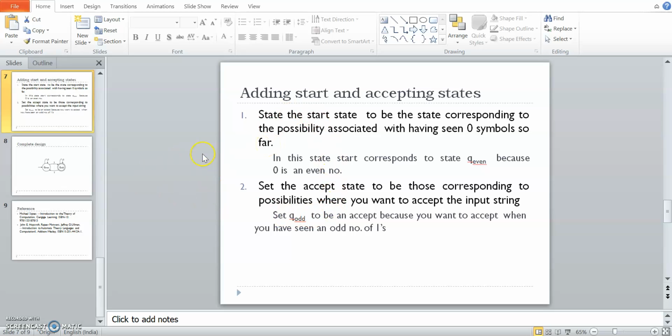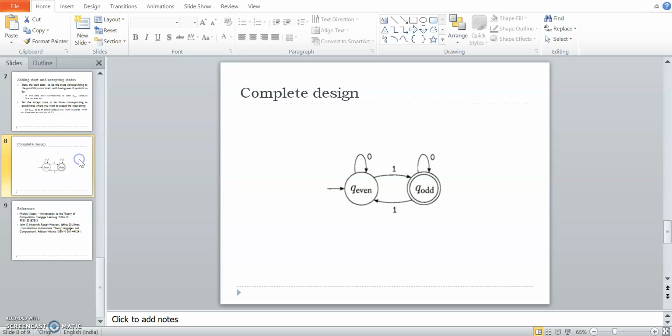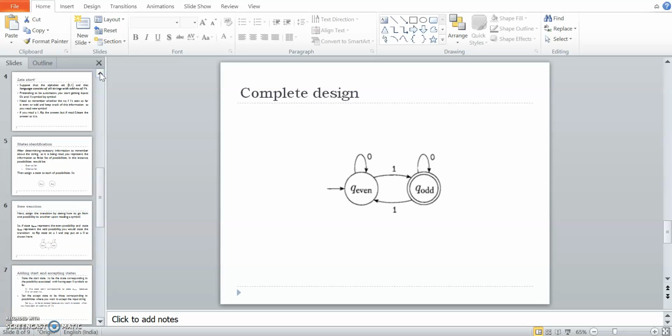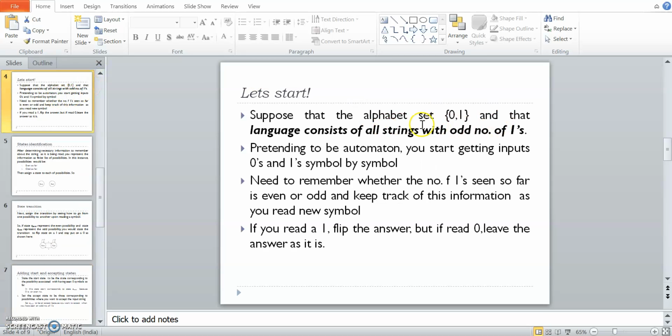So this is how we conclude. The final design will look like this for the problem statement. What was the problem statement? Earlier we said: find the language consisting of all strings with an odd number of ones, where the alphabet set is {0, 1}.